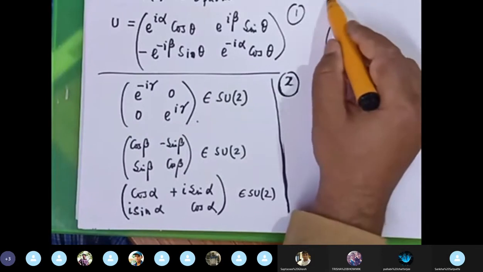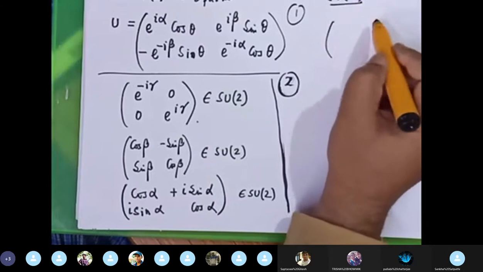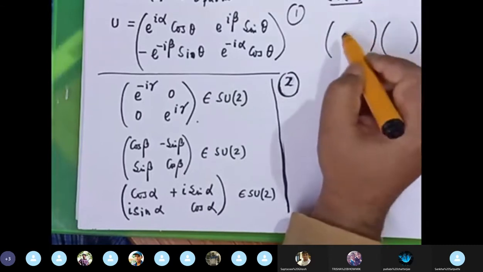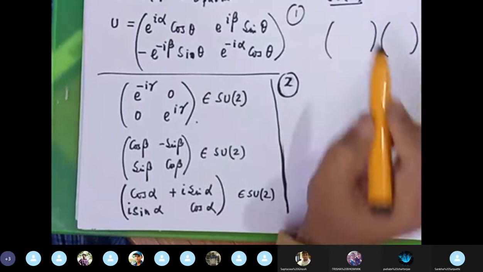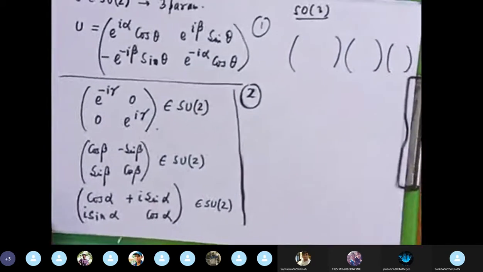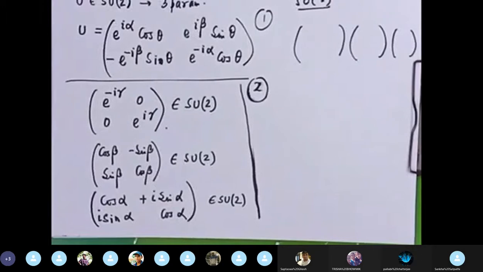We know how an SO3 matrix is parameterized by a product of three matrices. I'm not writing it here. It is written in the other slide.